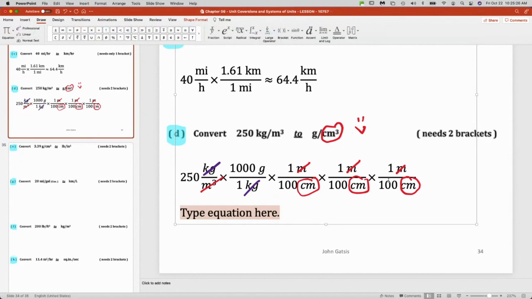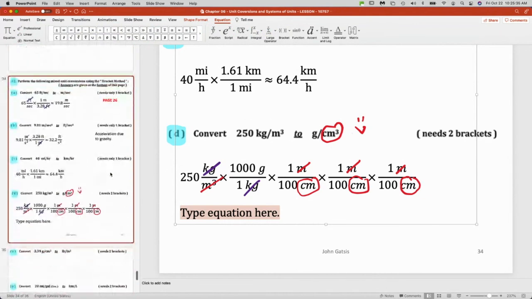So if we clean that all up, I'm just counting zeros right now. We have 1,000,000 on the bottom and 1,000 on the top. So I'm going to say 0.25. Can someone confirm 0.25? Anybody else get 0.25?